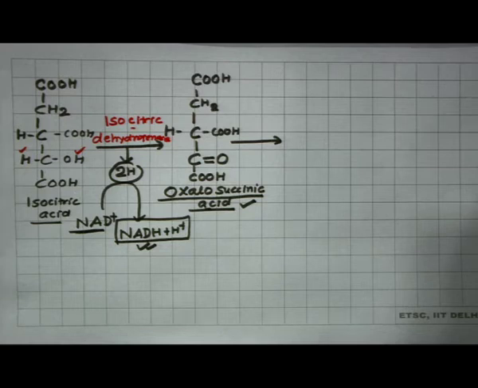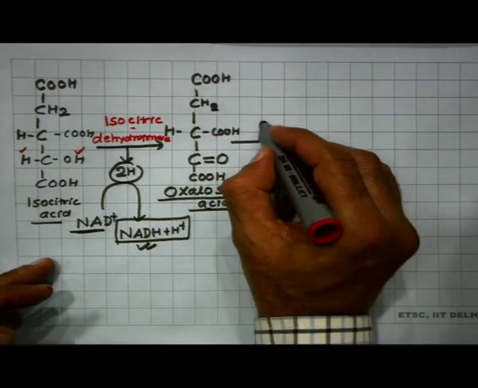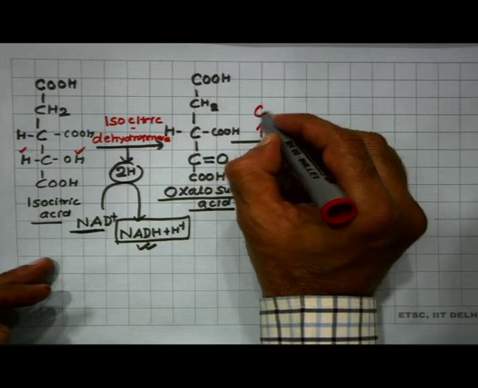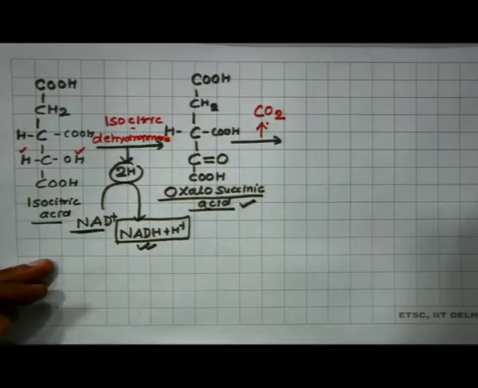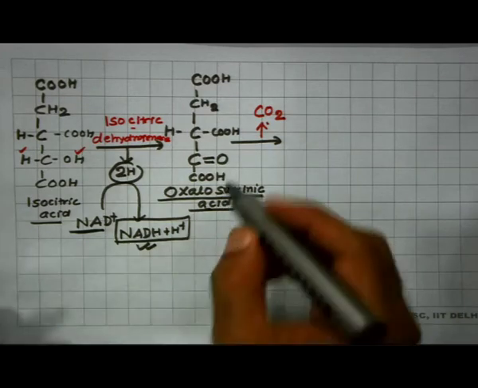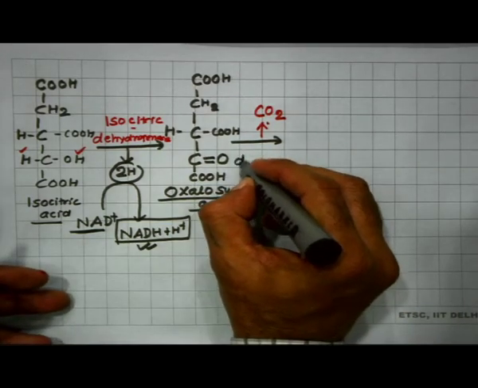Now, we are going to the fourth step of the Krebs cycle, that is decarboxylation. As the term indicates, from the oxalosuccinic acid the carbon dioxide is removed. This carbon dioxide is removed. So, the enzyme, nothing to worry, is decarboxylase.